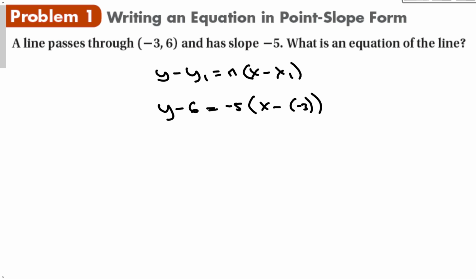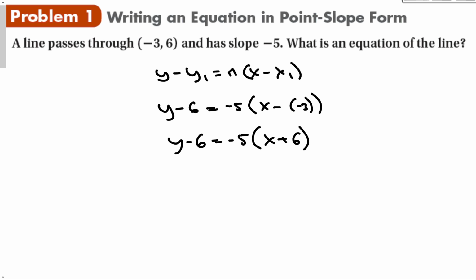I can simplify this, since minus a minus turns into a plus. So y minus 6 is equal to negative 5 times x plus 3. This is point slope form of the line.